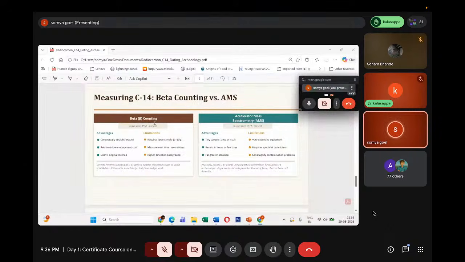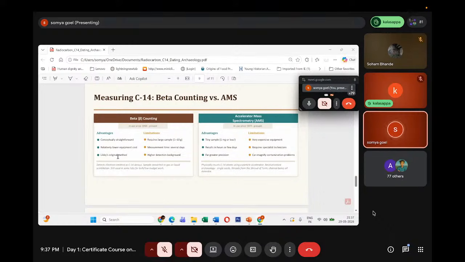So beta counting is the original, the OG method, which was developed by Libby in 1950. In this, we get the sample and chemically convert it into gas or liquid, place it in a detector, and then the machine counts the electrons emitted by the carbon 14 atoms decaying over several days.